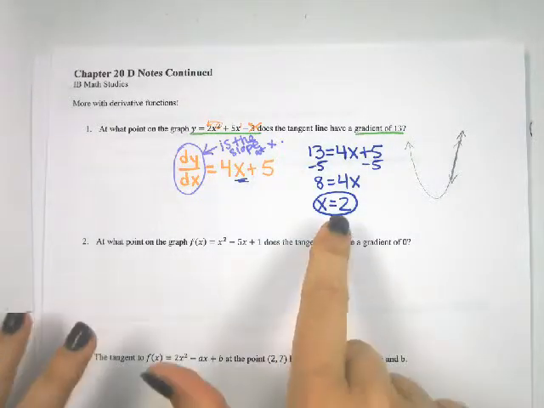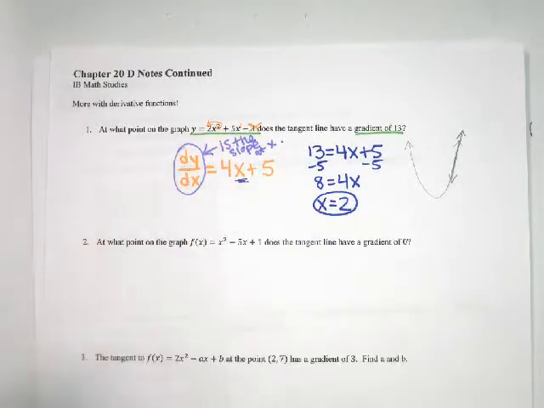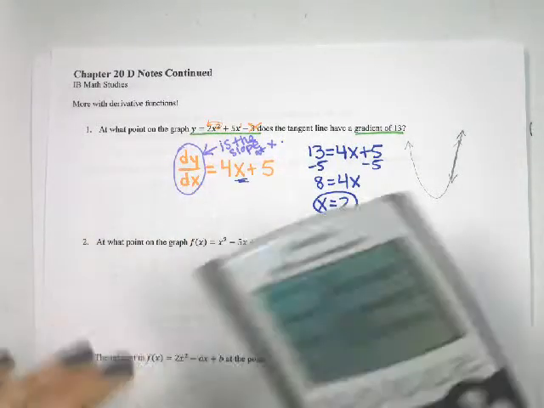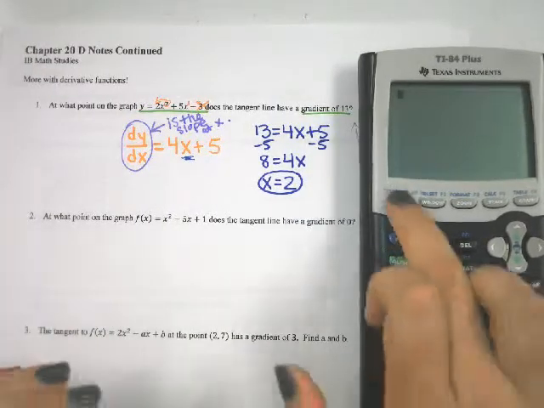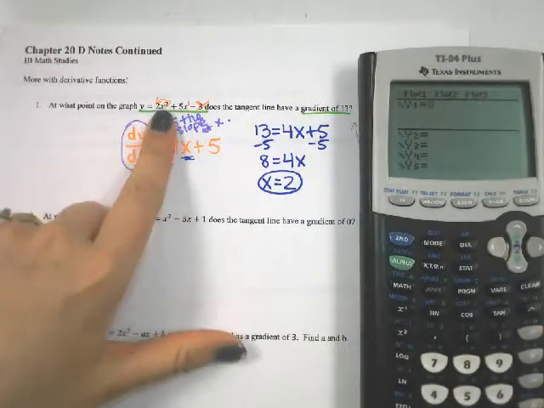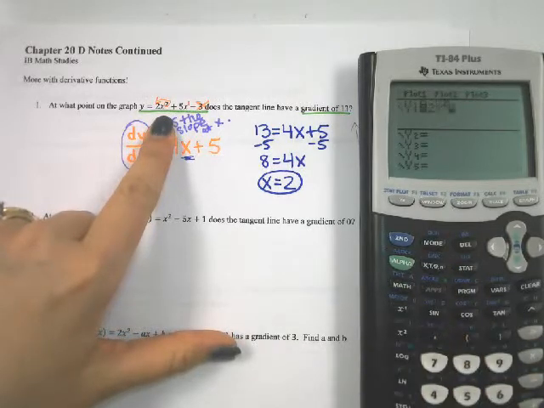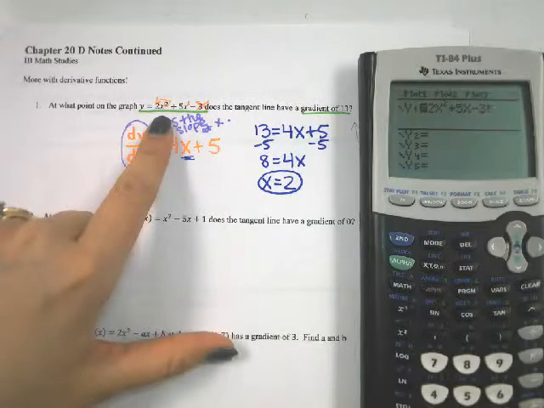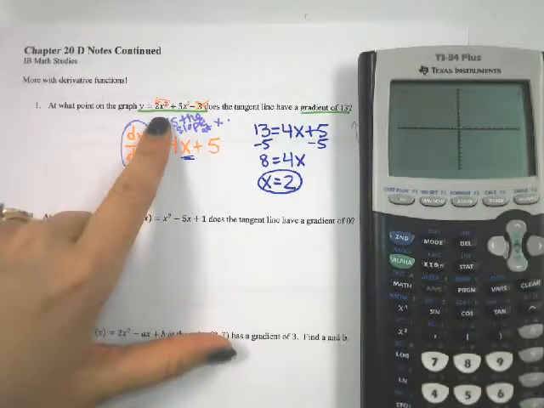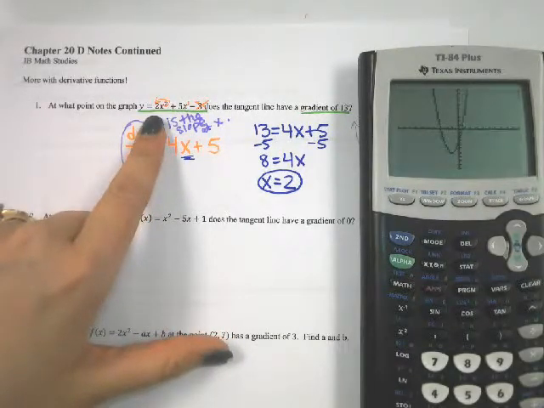If we wanted to find the y value of the point, we could plug it back into our original equation to find the y value. Also, we could jump over to our calculator. I love double checking. So I'm going to type my function in, y equals 2x squared plus 5x minus 3. Press graph so we can get an idea of what it looks like. There it is.